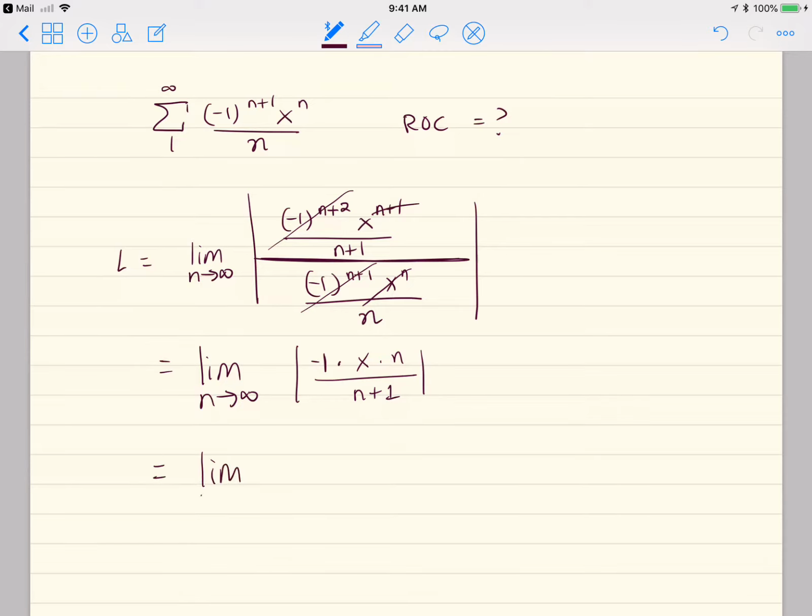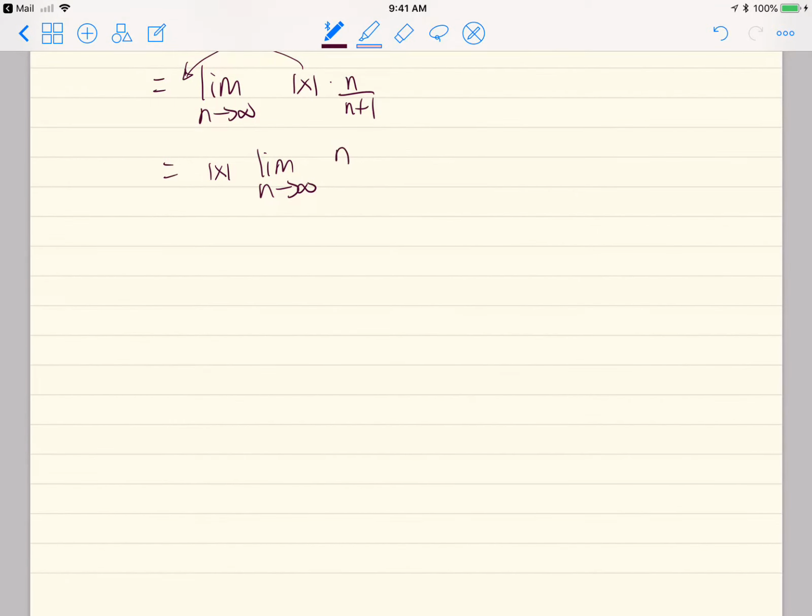So we're going to get the limit as n goes to infinity of the absolute value of x times n over n plus 1. We can bring that absolute value of x outside. The limit as n goes to infinity of n over n plus 1 is equal to 1. So we just get the absolute value of x.